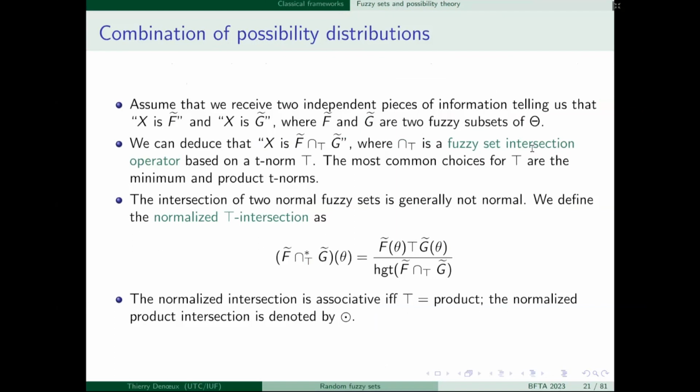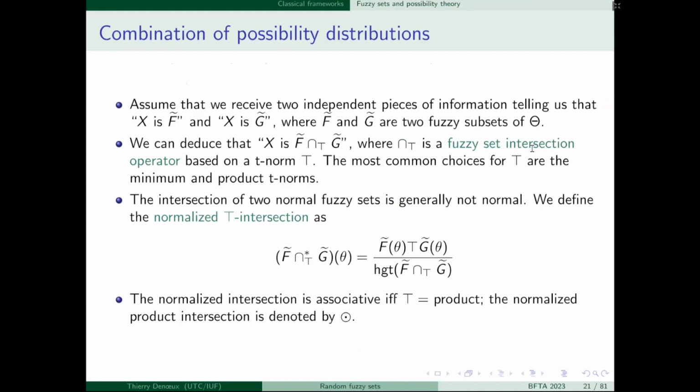So here we do want normal fuzzy sets because the meaning of a fuzzy set which is not normal is not very clear. So we want to have only normal fuzzy sets. So what we do, we normalize by dividing.